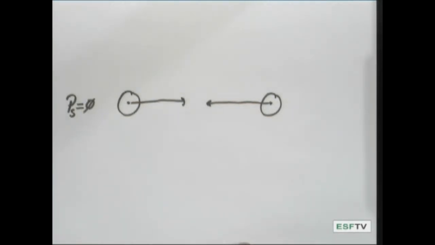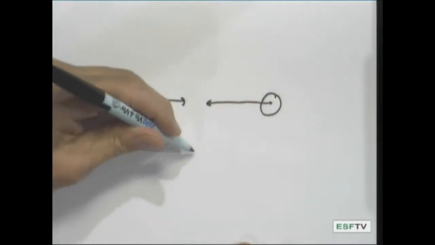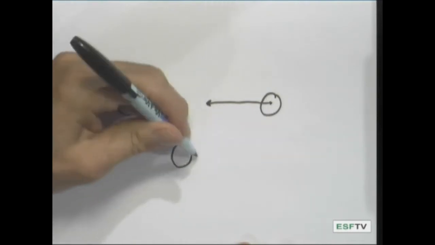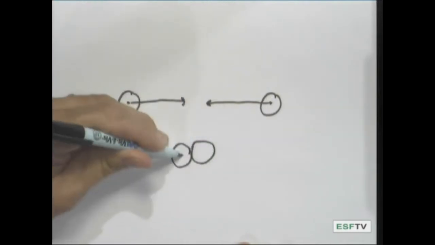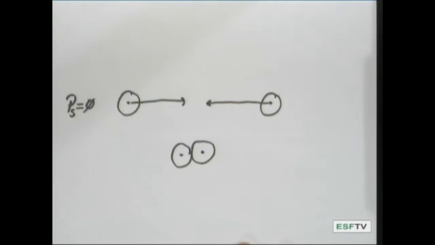Now note that both of these particles are moving. They both individually have momentum, but the momentum of one cancels out the momentum of the other, so that the momentum of the system is zero. Now when they finally collide with one another, their velocities are going to be zero. If the velocities are zero, then the total momentum of the system is also zero.